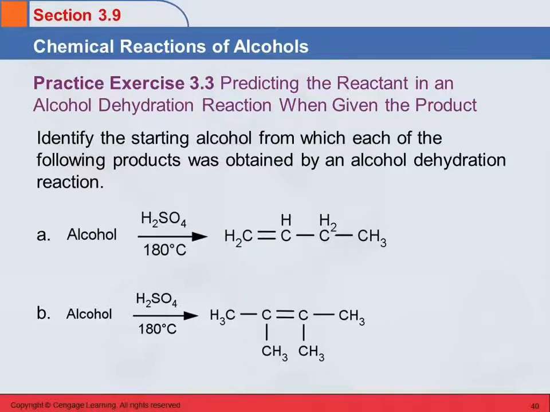So to predict the reactant of this, we can go in here and get rid of that double bond, and then we have to put a hydrogen on one side and a hydroxyl group on the other side.